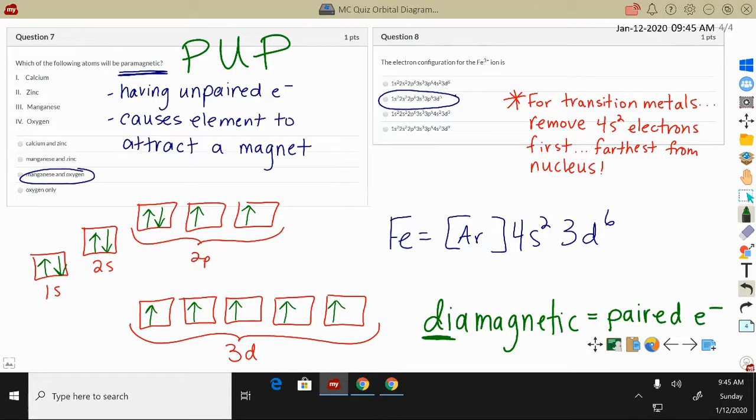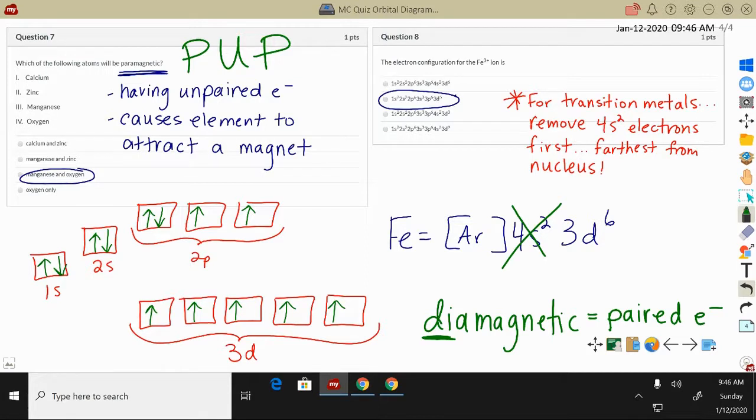They're the ones that are going to experience the least amount of attraction to that positive nucleus. So even though the 4s electrons are filled before the 3d, because it's a lower energy orbital overall, because the 4s is a little bigger orbital, and on average, the electrons can be further from the nucleus, these are the first to go for any transition metal. The first 2 electrons lost are the 4s2.